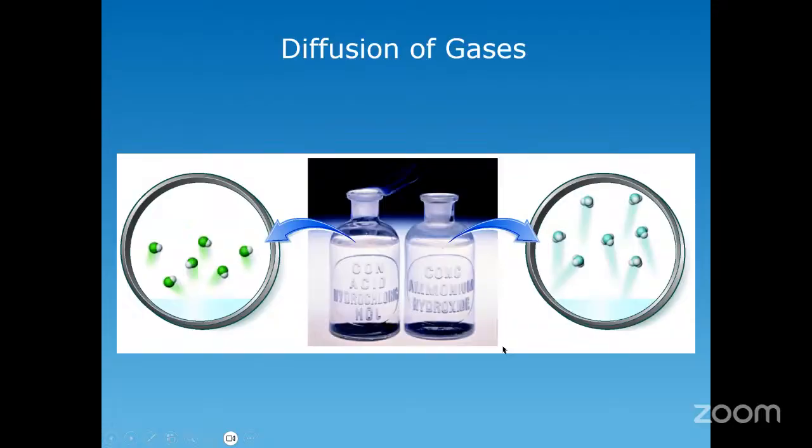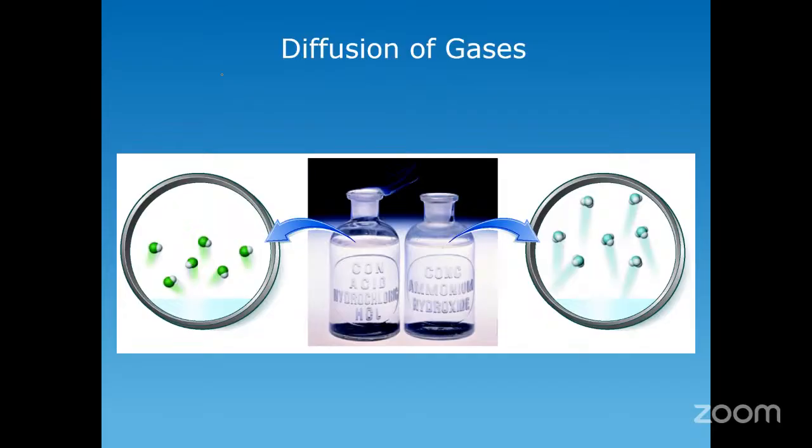Okay, so before I get to effusion, let's talk about this interesting observation. We have two liquids present in these two bottles. One of them is concentrated hydrochloric acid, and the other is concentrated ammonium hydroxide. So concentrated that if you were to open the bottles, you're going to see fumes of hydrogen chloride coming from the hydrochloric acid bottle and ammonia coming from the ammonium hydroxide bottle.